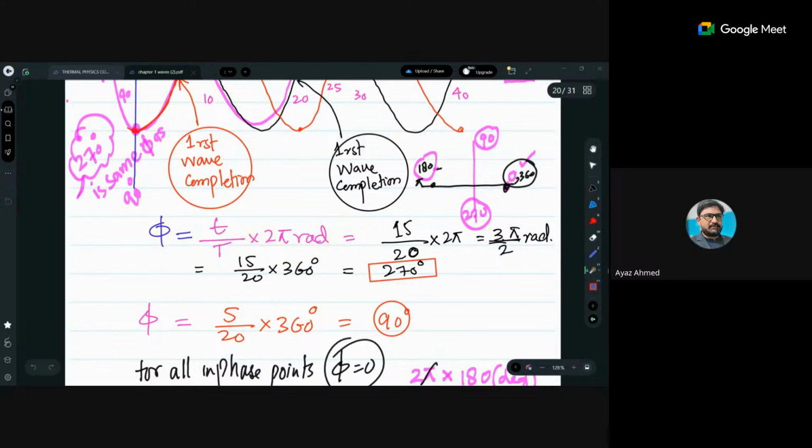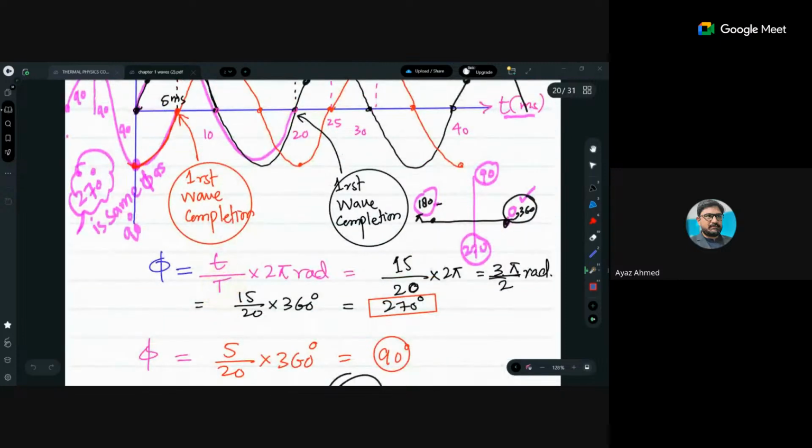But the game is they have the same time period, and the time period of the wave is 20 milliseconds. I told you how much time period it has: 20 milliseconds. But the problem is small t.